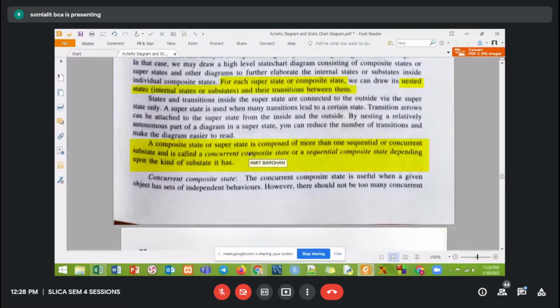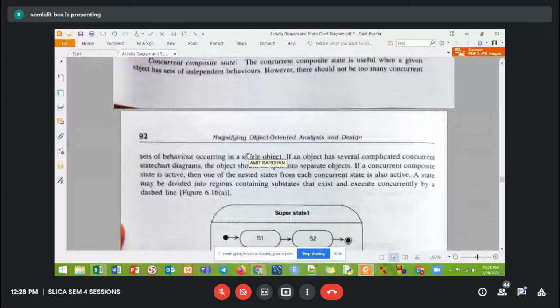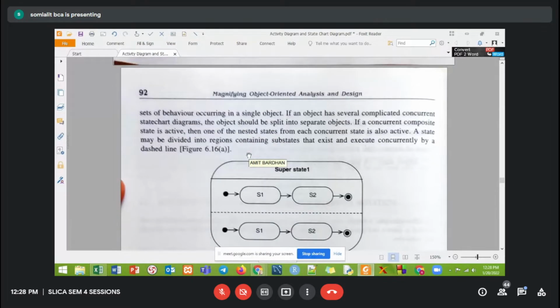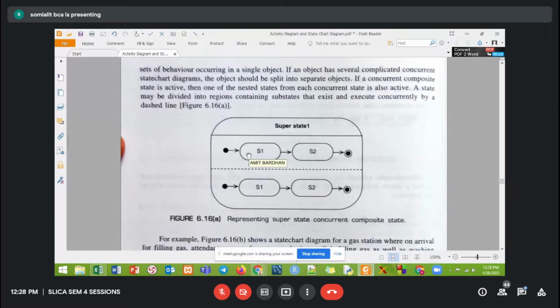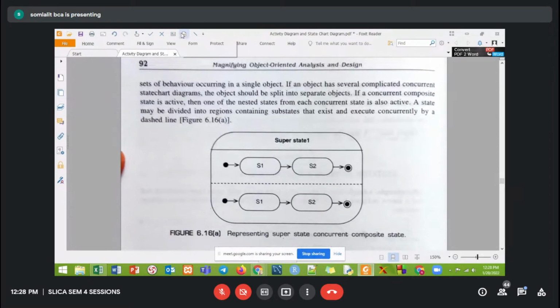Look over here. A concurrent composite state is useful when a given object has sets of independent behaviors. Now try to understand, this is a super state. Inside that super state, I have 4 other states, but this particular state is different, independent of each other, but having parallel activity.